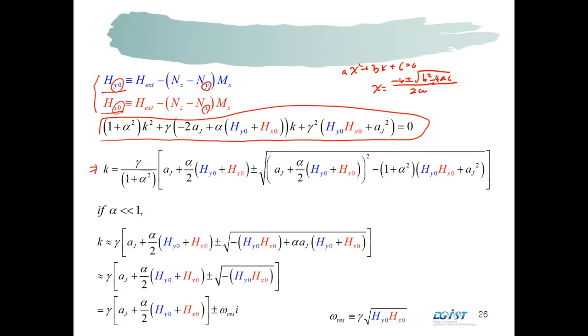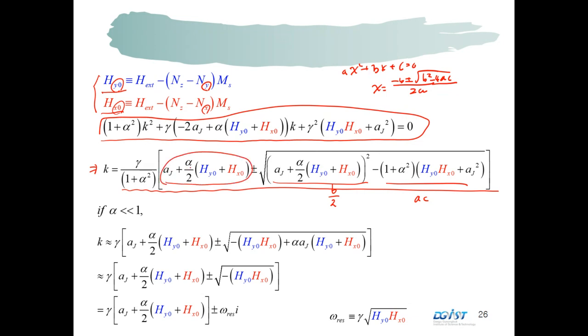Here, that's the result. This is corresponding to half B, and this is AC. This term is corresponding to minus B. Sorry, minus half B. Okay.